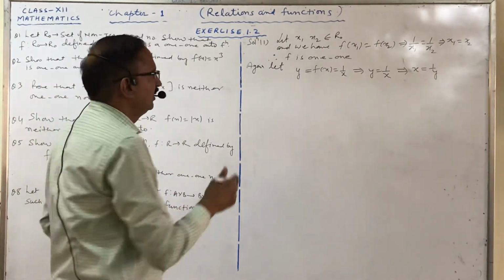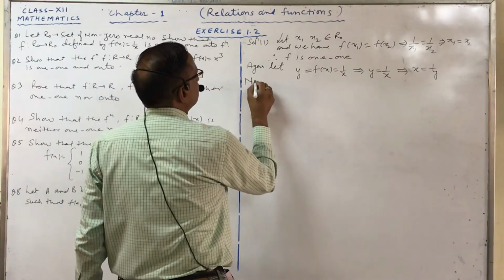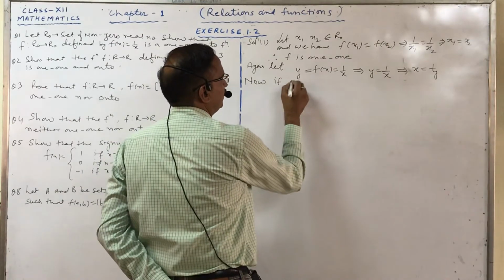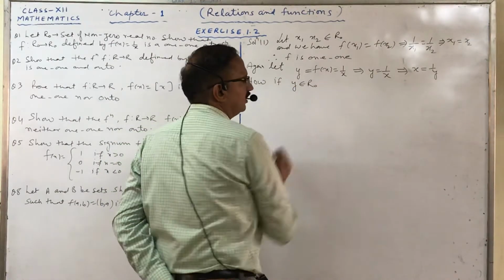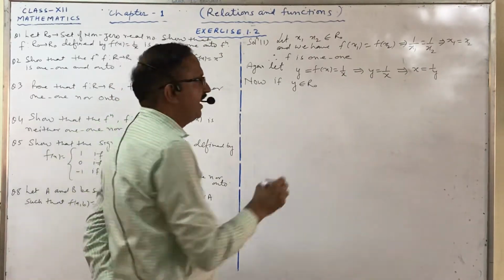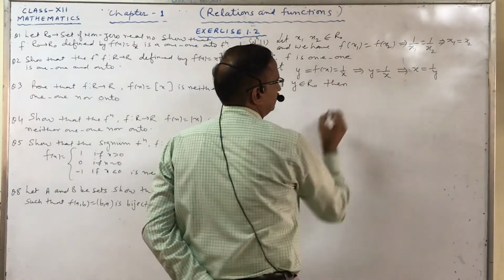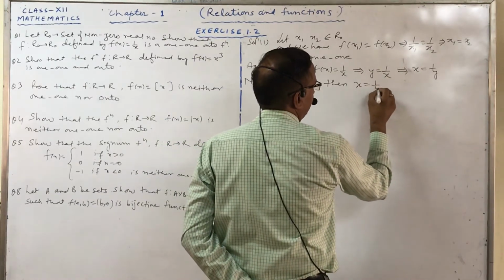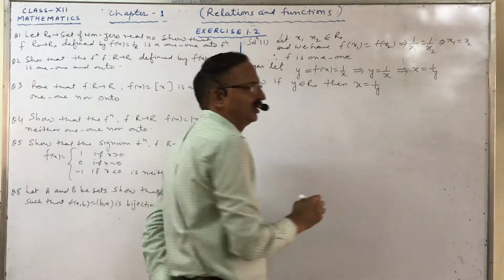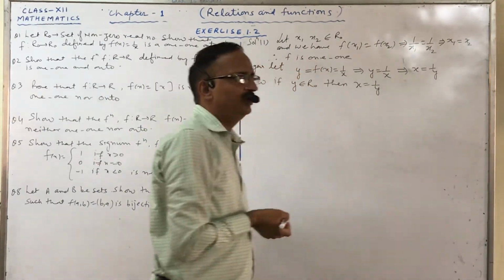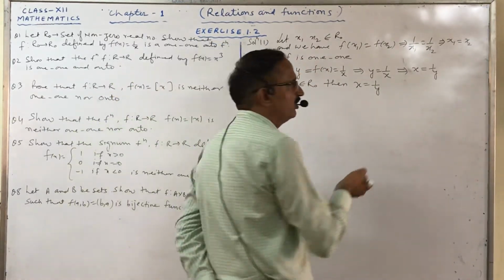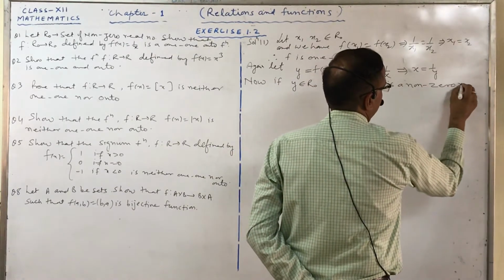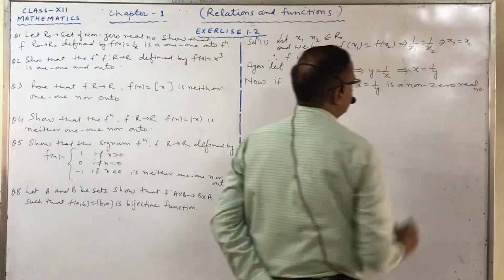So if this y belongs to R0, then x equal to 1 by y also belongs to R0, that is a non-zero real number.